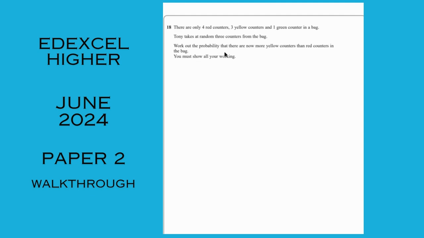Now, the only way we can get more yellows than red at the end of this experiment that Tony's doing is if he picks 3 reds in a row. Now, if you were doing a probability tree, you'd have the numerators as 4, 3, 2, denominators as 8, 7, 6, and it gives you 2 over 28, aka 1/14.